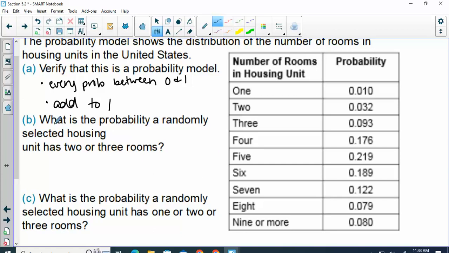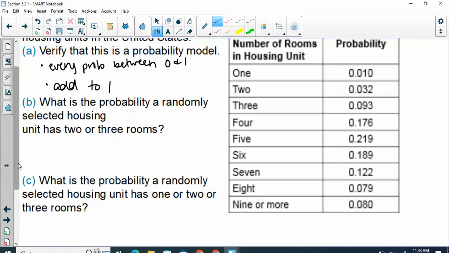Alright, so if I want the probability that a randomly selected housing unit has 2 or 3 rooms. Is it possible for the unit to have both 2 rooms and 3 rooms? No. So these are disjoint. There's no overlap. There's no housing unit that got double counted and fit into both groups. So all we have to do is add the probability of 2 rooms plus the probability of 3 rooms.